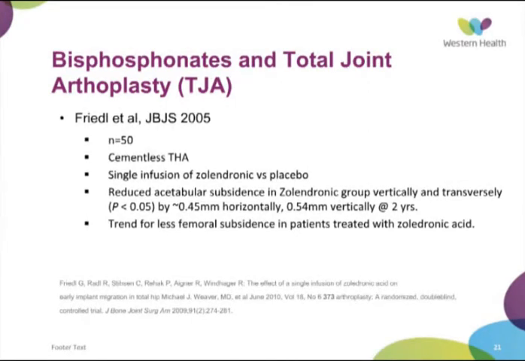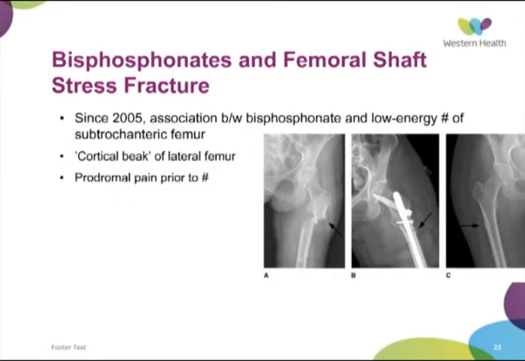So the final thing I wanted to mention was femoral stress fractures or insufficiency fractures. Since about 2005, there's been this association between bisphosphonates and low energy fractures, initially discovered in the subtrochanteric femoral area. And there've been some characteristic findings.